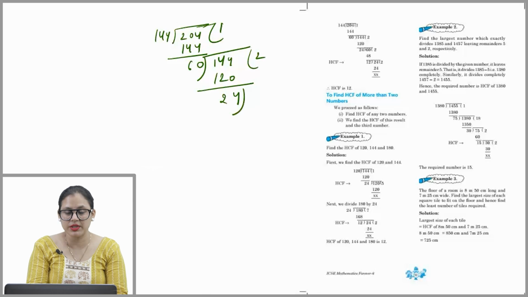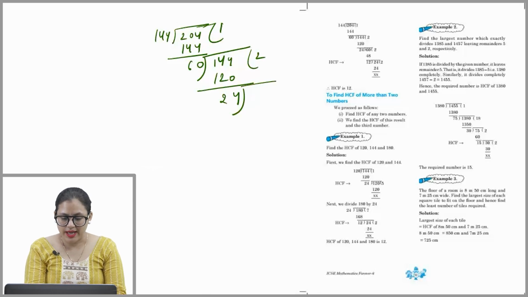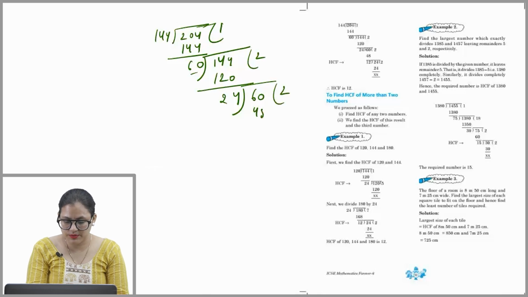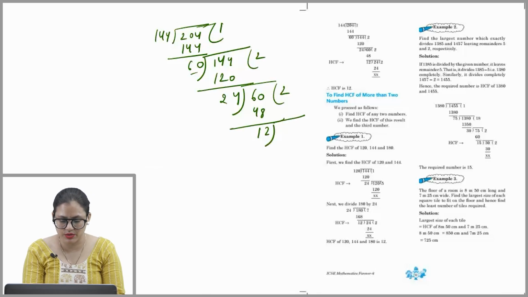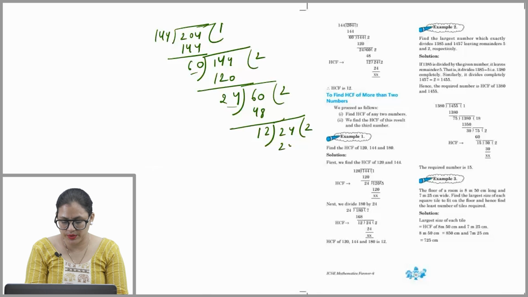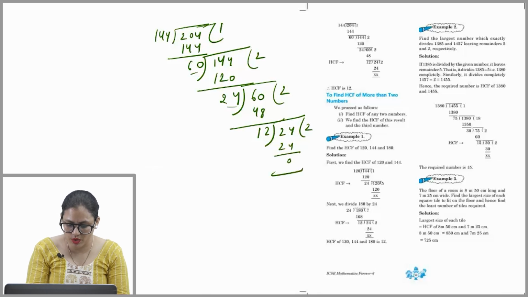Now, this will become the divisor and this divisor will become the dividend. 24 twos are 48. 10 minus 8 is 2, 5 minus 4 is 1. 12 becomes the divisor and here 24 will become the dividend. 12 twos are 24. So, the HCF is what?